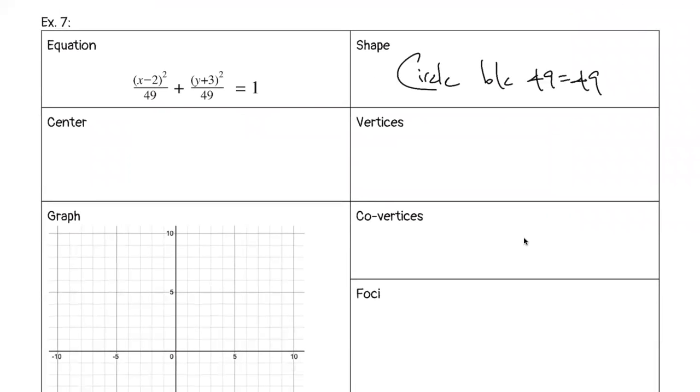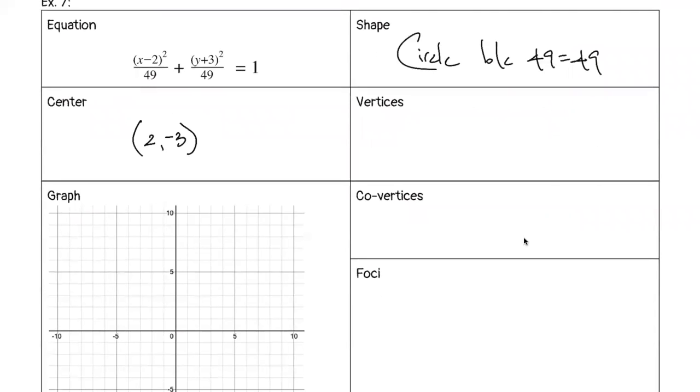The center point is 2, -3. Beautiful. Change the sign of the -2, change the sign of the +3, and we've got our center. If we have a circle, what other information do we need before we can graph this circle? Radius equals 7, perfect.